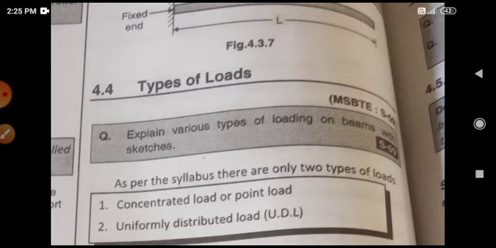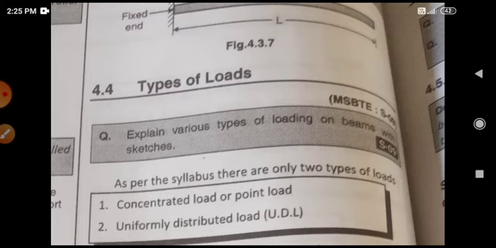In case of hinged support, two reactions will be there, perpendicular to each other. In case of a continuous beam with fixed support, for the fixed support we have three reactions, that means one is bending moment and another two are horizontal and vertical reaction.